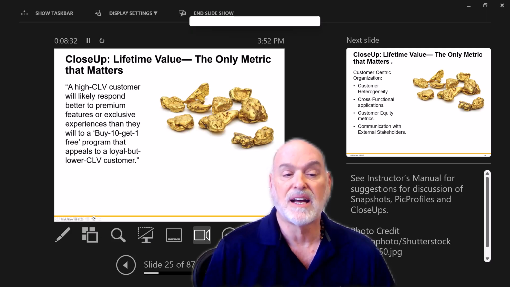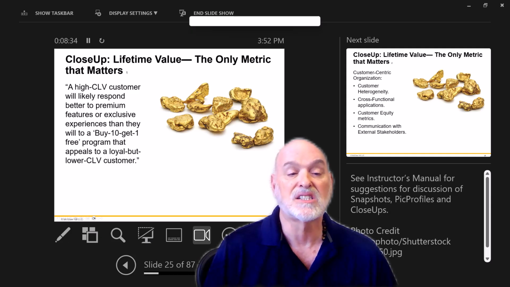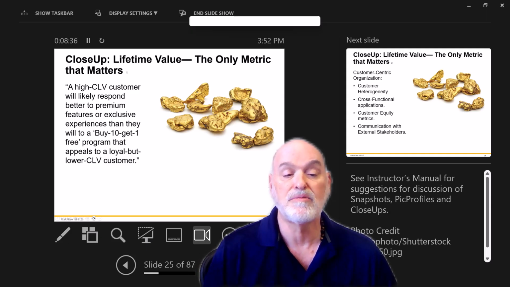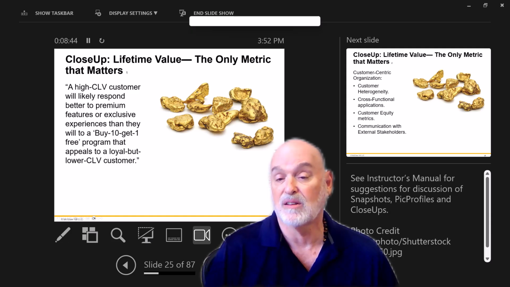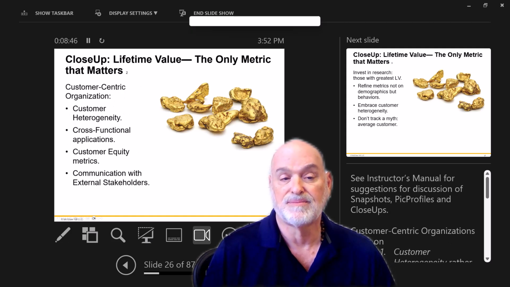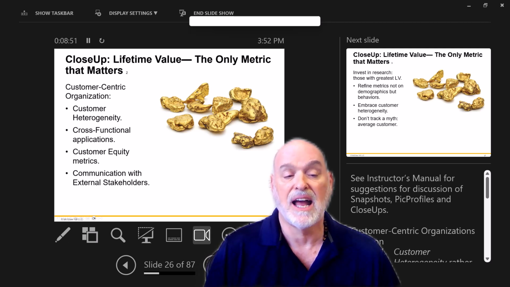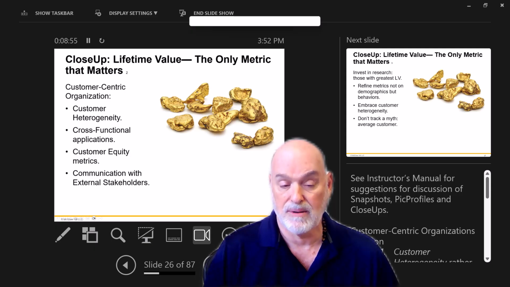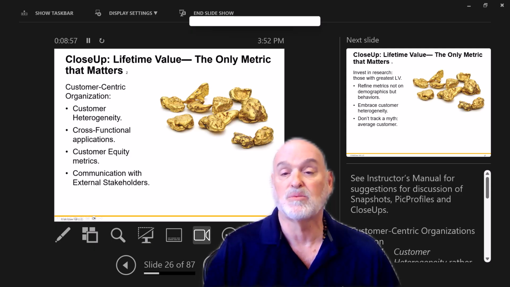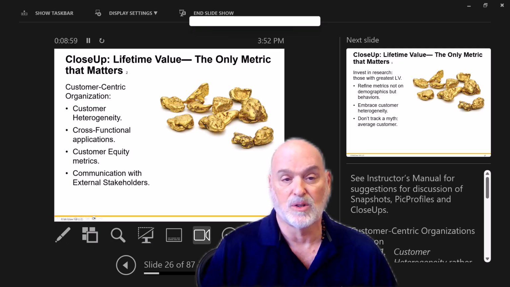The only metric that matters. A high CLV customer will likely respond better to premium features or exclusive experiences than they will to a buy 10 get one free program that appeals to a loyal but lower CLV customer. Customer-centric organization, customer heterogeneity, cross-functional applications, customer equity metrics, and communication with external stakeholders.